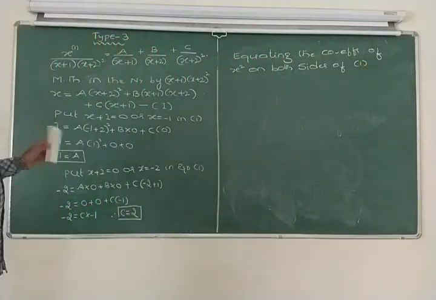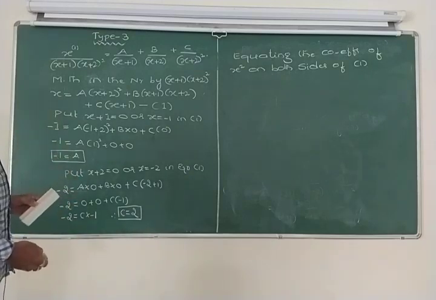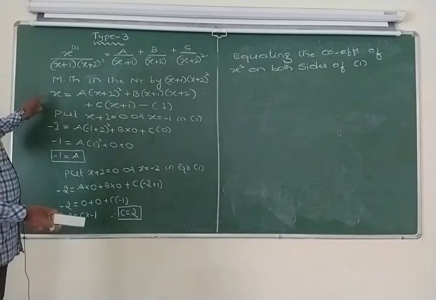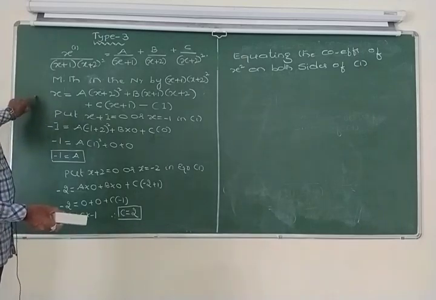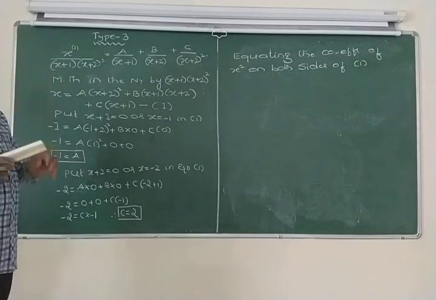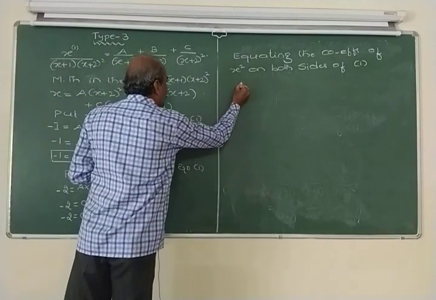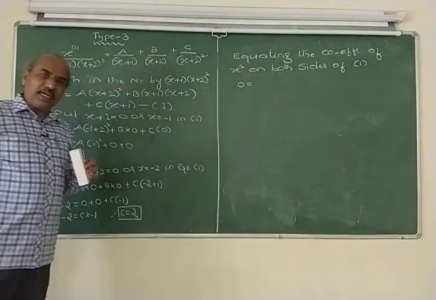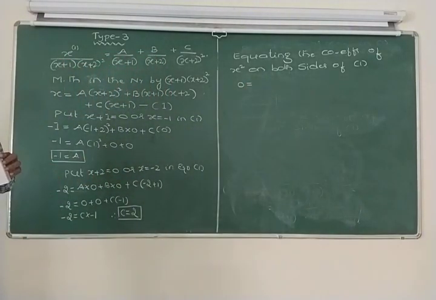Now how many x square terms are there? That is the highest power actually. On the left hand side there is no x square, remember, not x term, x square. So the left hand side is 0, no x square term, therefore it is understood that the coefficient of x square must be taken as 0.